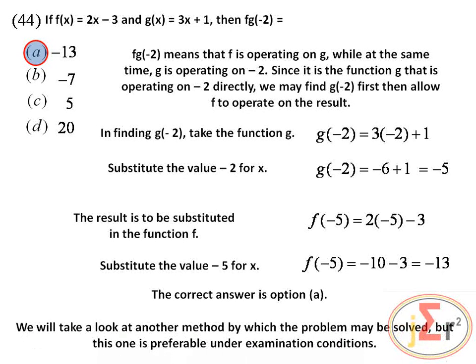We will take a look at another method by which a problem may be solved, but this one is preferable under examination conditions. When we are in an examination, we want to use this method to solve a problem that is like this one. We may take also another approach that will cause us to be home and dry nonetheless.